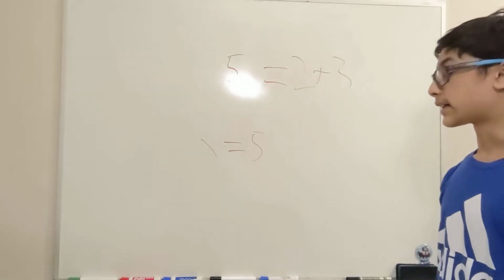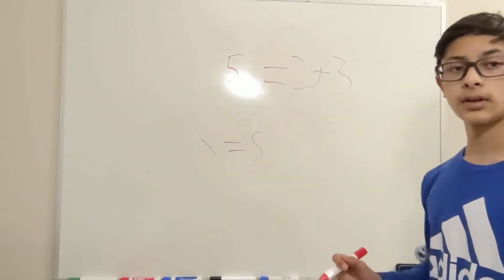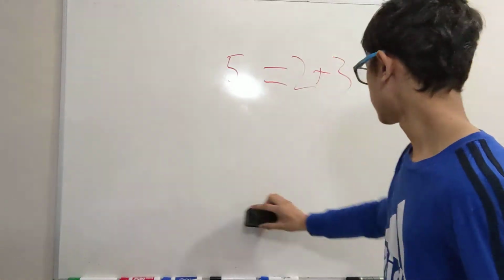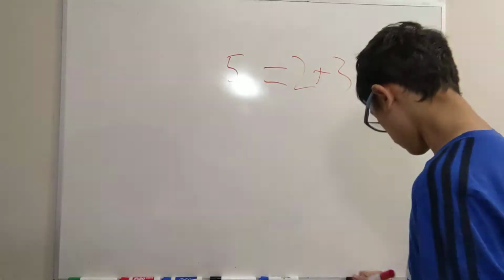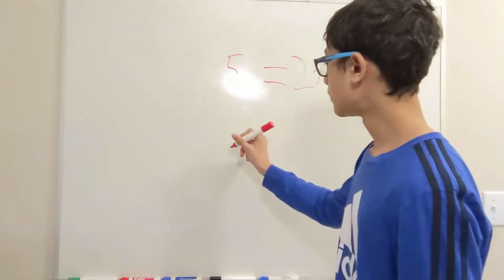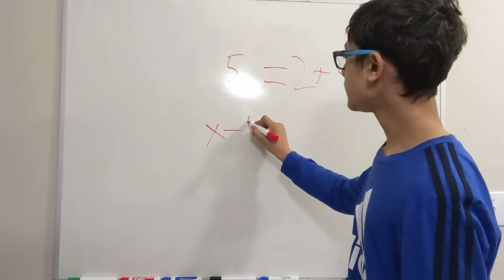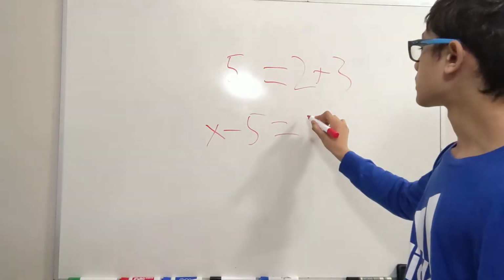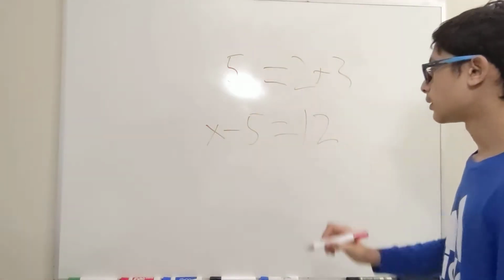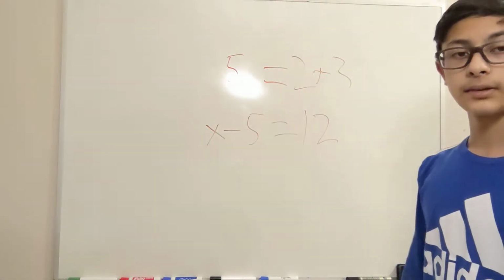Well, now we know x is 5. But say we have something like x minus 5 equals, let's say, 12. Now how do we solve this?